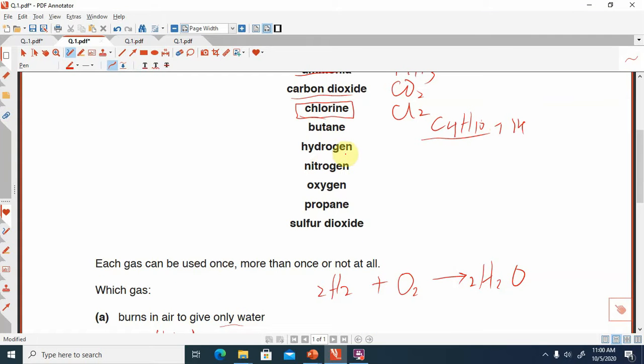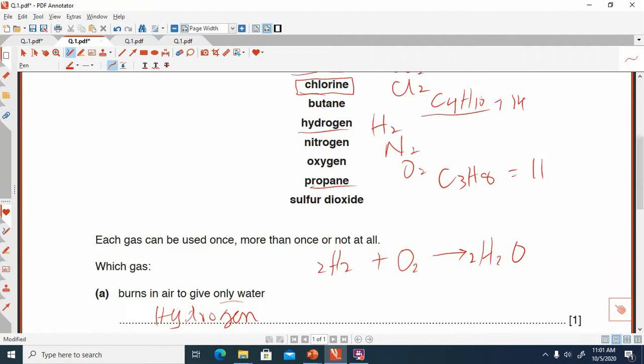But look at this one, another hydrogen, it will be H2, nitrogen N2, oxygen O2, propane is another organic compound, that is C3H8. So now you can count these atoms, there are 3 carbon and 8 hydrogen, so that will be 11. So the answer will be propane.